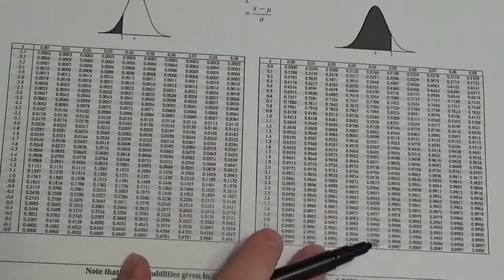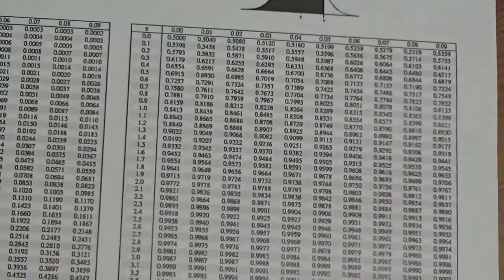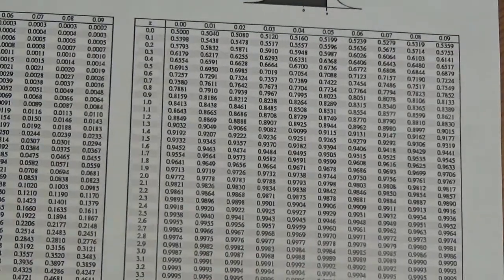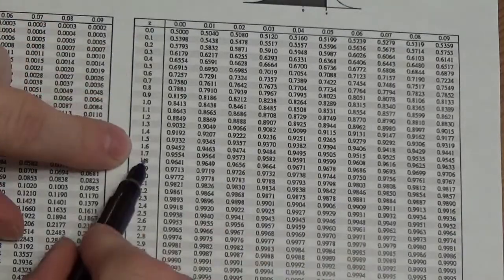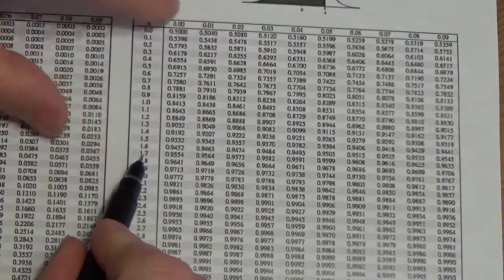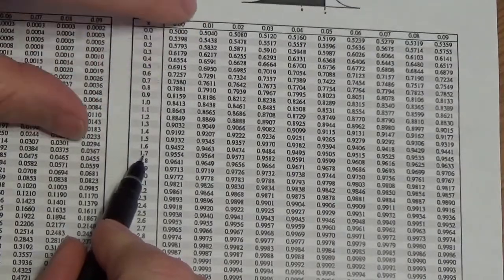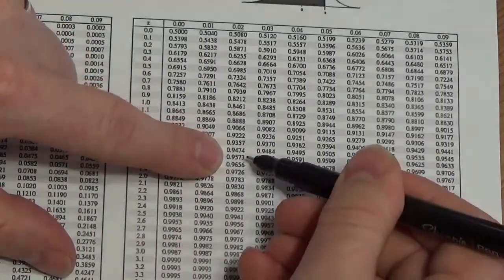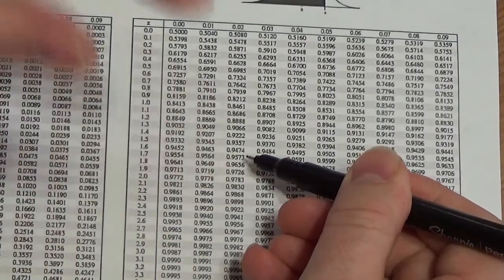Now let's zoom in a little bit. The question I just had was, what is the area under the curve to the left of a Z-score of 1.72? Here's my 1.7, and then 2 is going to be the third column in, because 0 is the first one, 1, 2. So that's going to be this value right here.